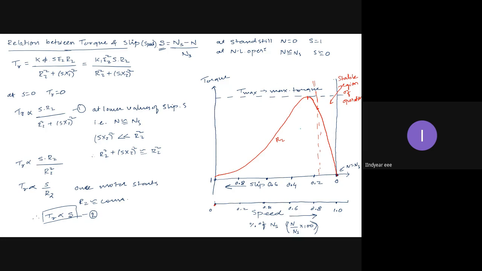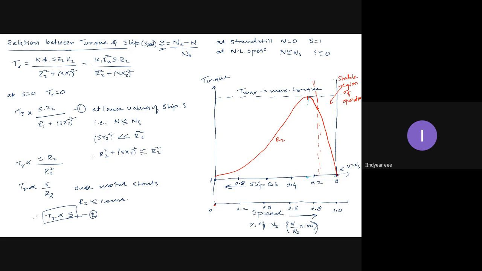So here if you observe, the slip at which maximum torque is occurring is nearly 0.3, or 0.25. Now if I double the R2, then it will be more than 0.25.